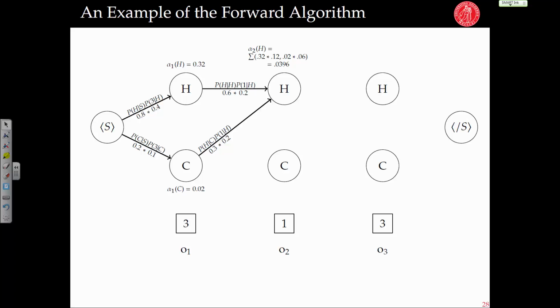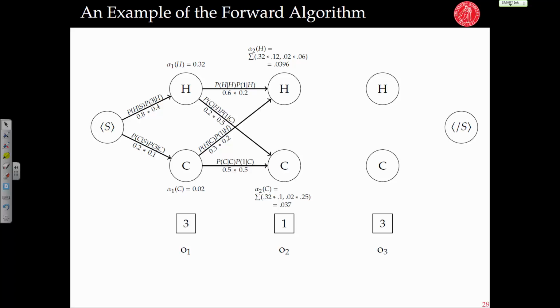Here we have that, it's 0.32, and we multiply that by the transition probability of hot given hot, and the emission probability, and we sum that with the multiplication of alpha 1c with the transition and emission probabilities here. So here we're not picking, we're just summing. That would give us the probability of being at this state so far.